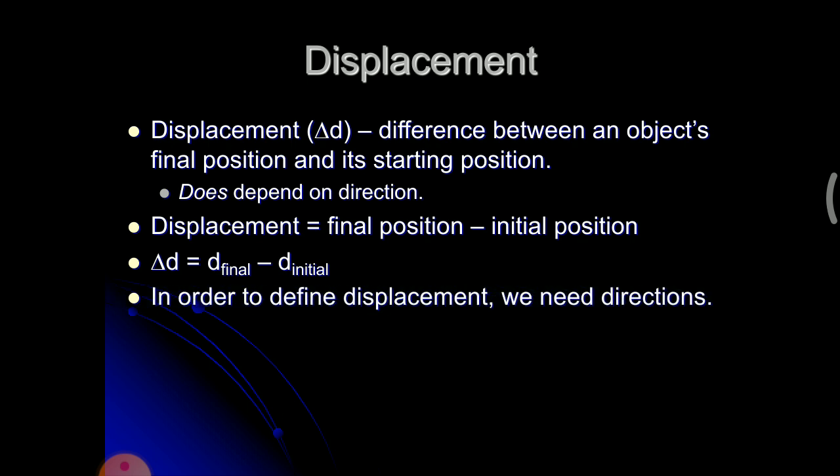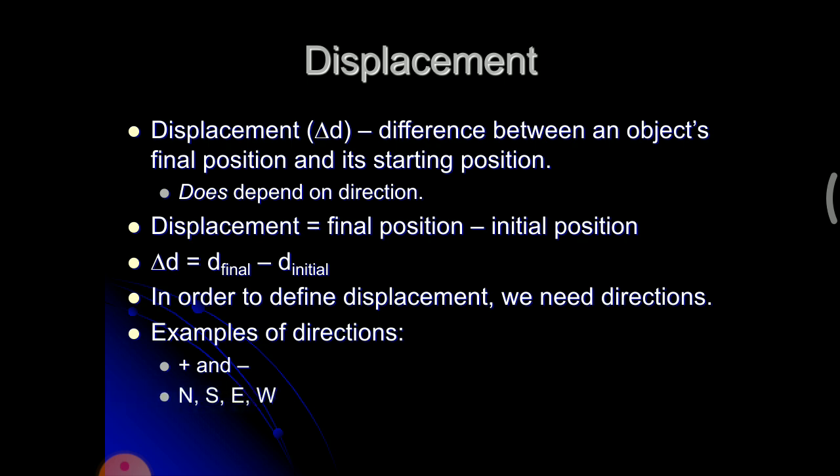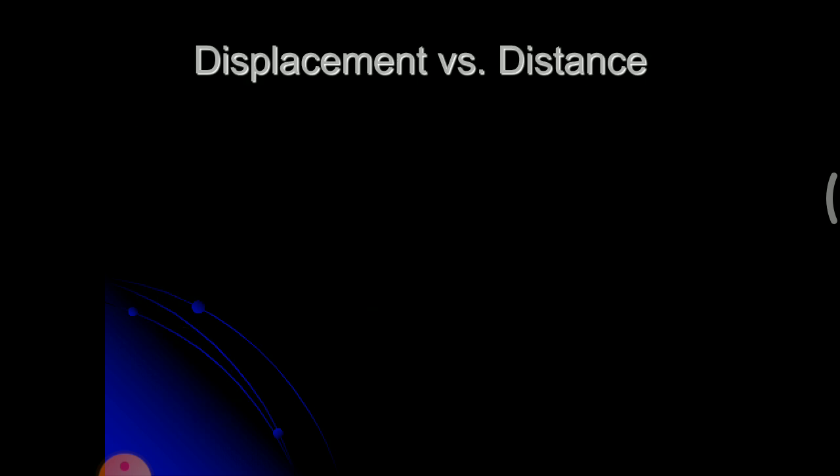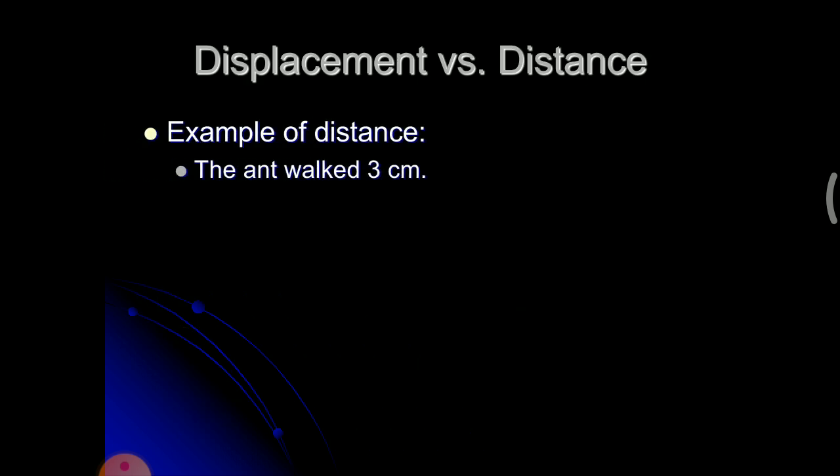In order to define a displacement, we need direction because the displacement depends on direction. Examples of direction: the direction may be positive and negative, or north, south, east and west, or angles. Example of distance: the ant walked 3 centimeters.